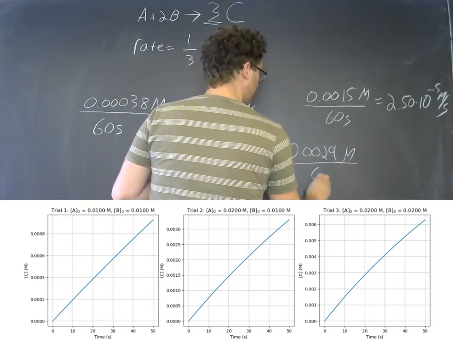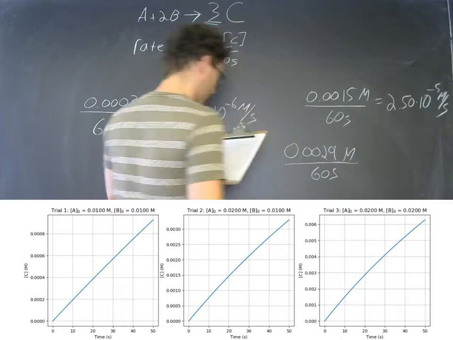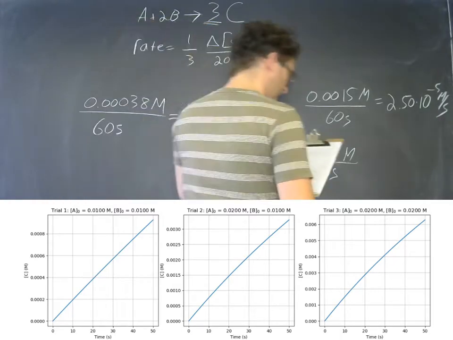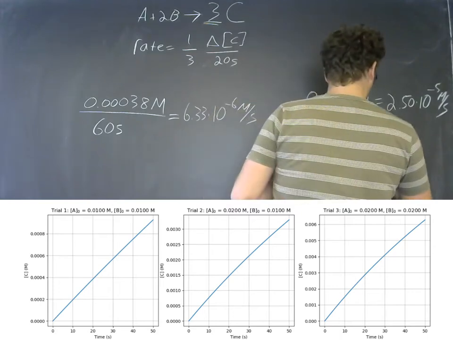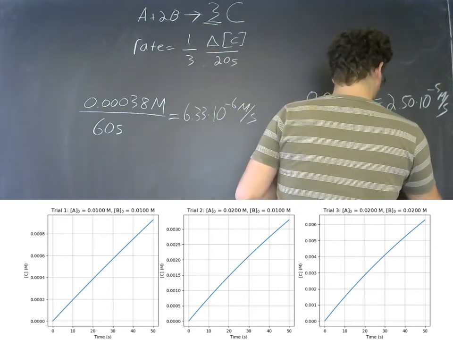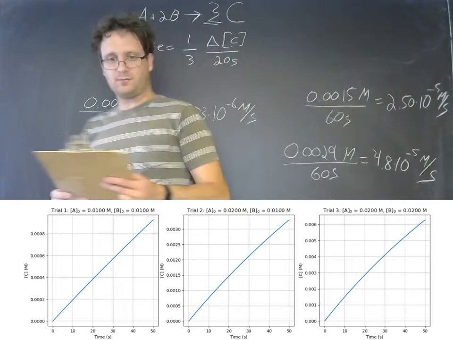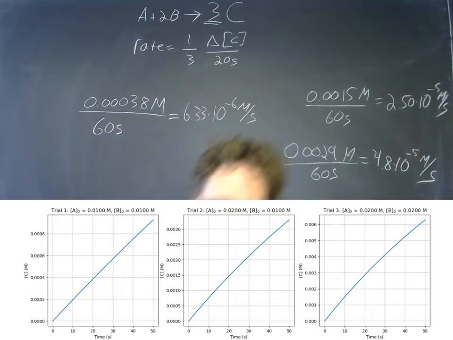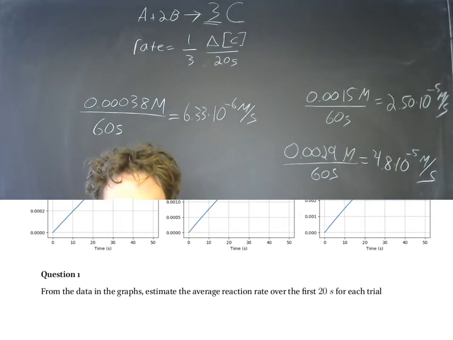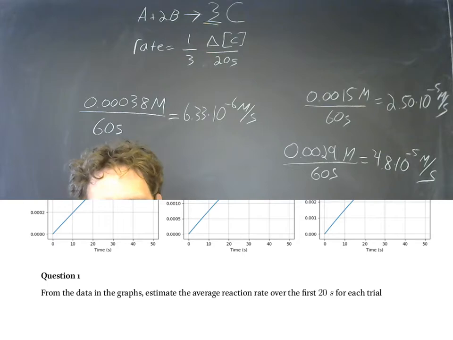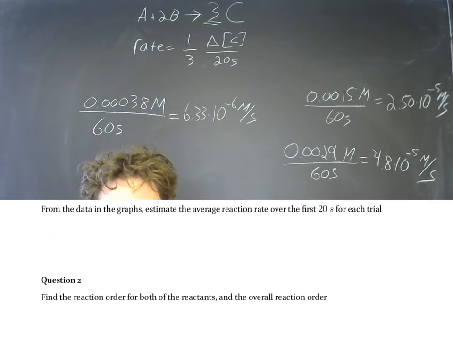We'll divide that by 60 seconds. Falls just short of that 0.003 mark. And this is going to equal 4.8 times 10 to the negative 5th molar per second. All right, so that is the answer to question 1, finding the average reaction rate over those initial intervals.